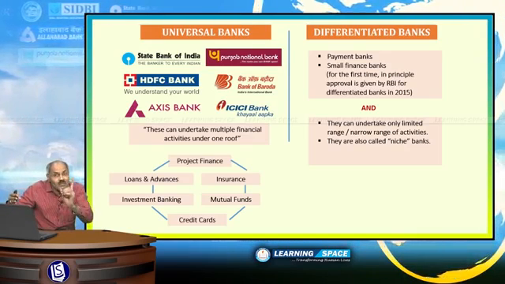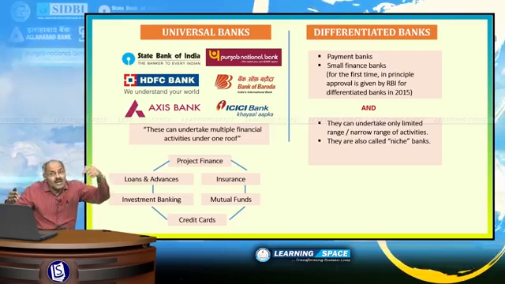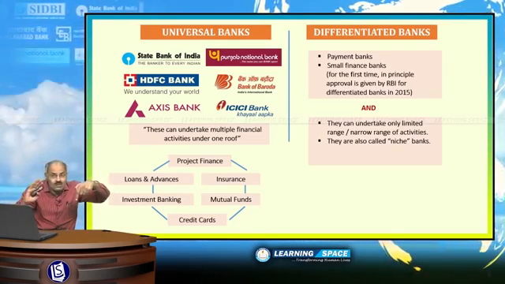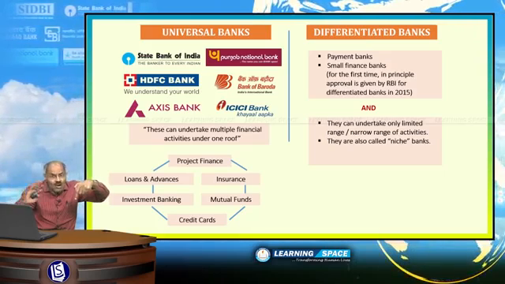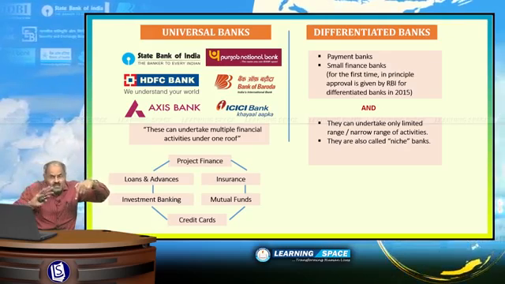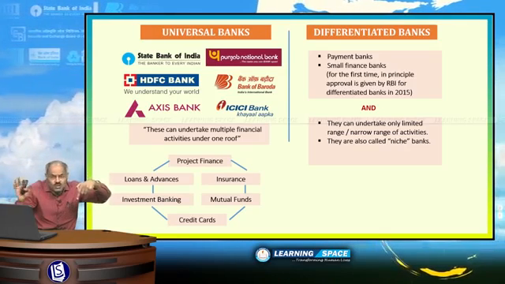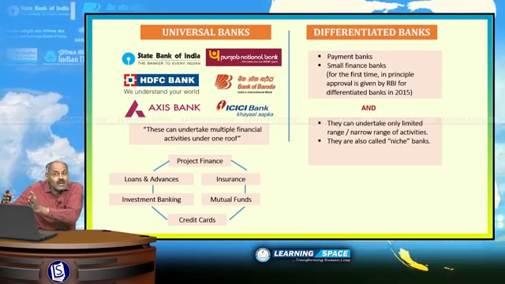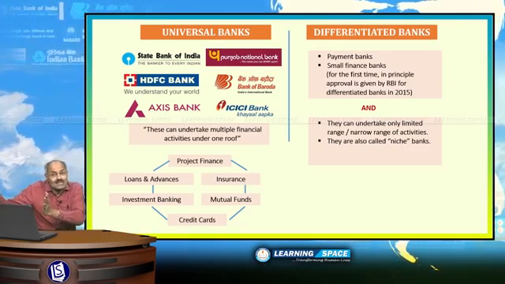If you look at payment banks, they can make payments and remittances. They cannot give loans. They cannot undertake any other operations like project finance, investment banking, mutual funds or insurance. They will be specialized only for payments and remittances.